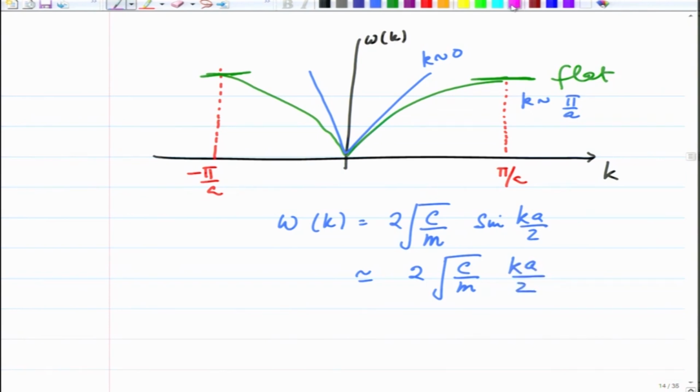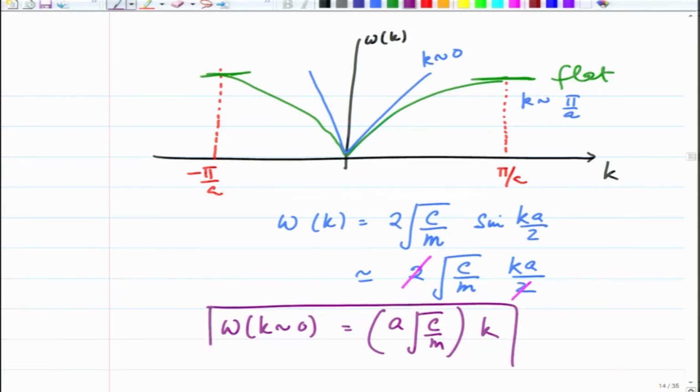I cancel these 2 and you get omega k near 0 as a root c over m times k. As we said earlier, it is linear, and obviously near the Brillouin zone it is flat.